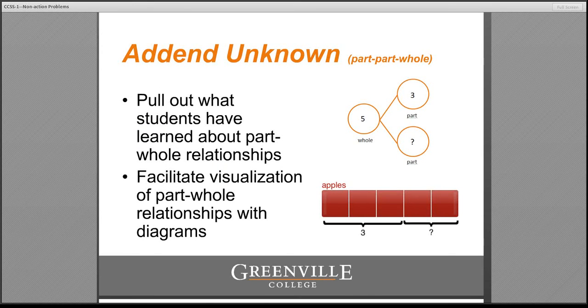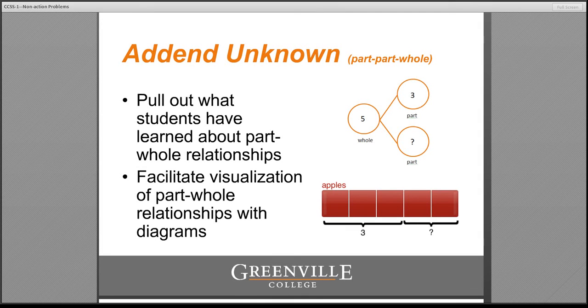Children often struggle with these add-in unknown problems, and so part of your means of supporting them best will include making sure they're really comfortable with pulling numbers apart and putting them together. If they really have a strong understanding of what it means to pull a number apart into 2 parts and then put it back together, that will be very useful.